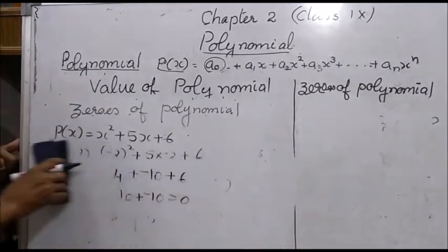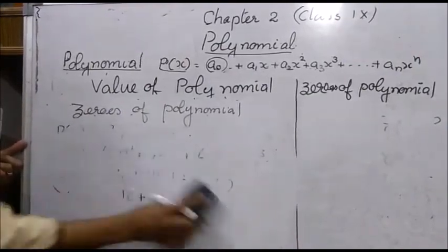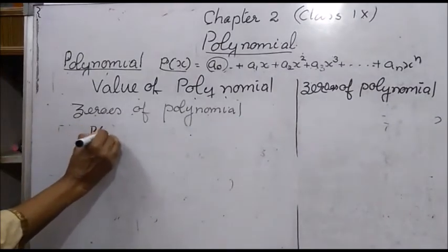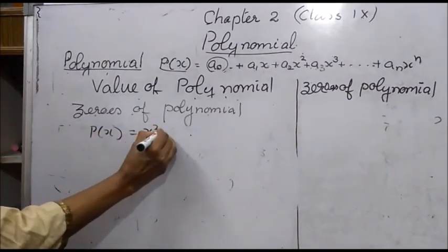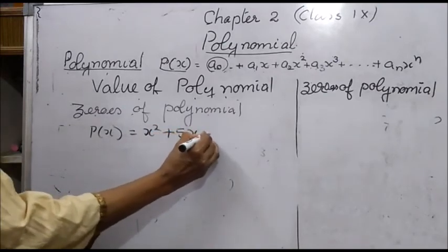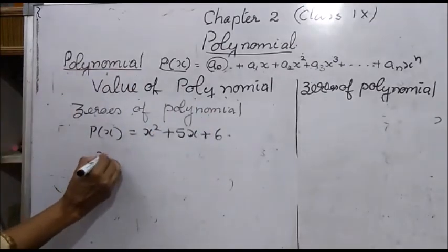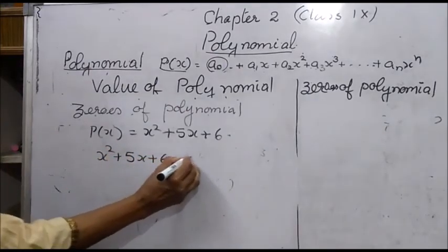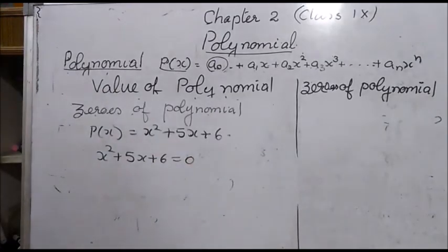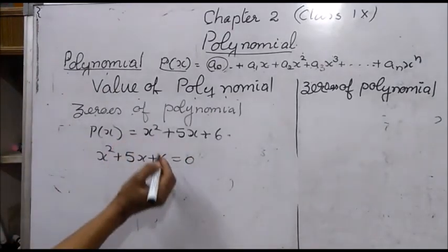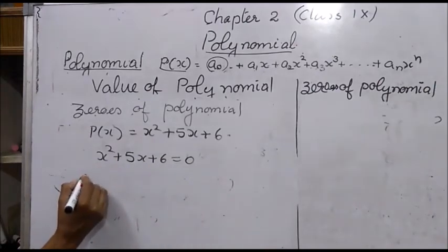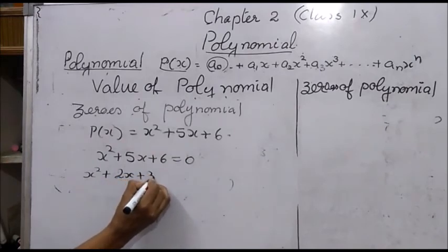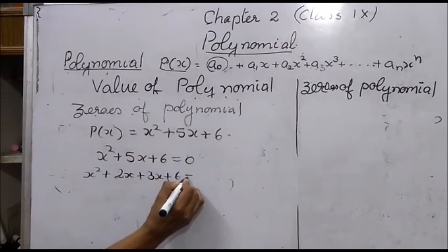Now, another way. p of x is given as x square plus 5x plus 6. We will put x square plus 5x plus 6 equal to 0. That means this polynomial becomes a polynomial equation. So by middle term splitting, what we can write? x square plus 2x plus 3x plus 6 equal to 0.